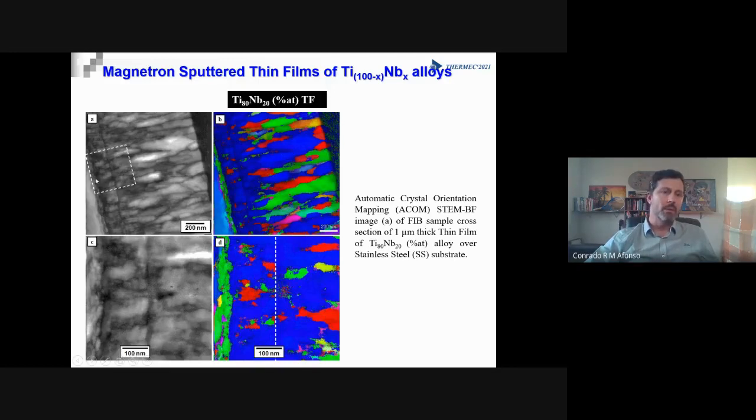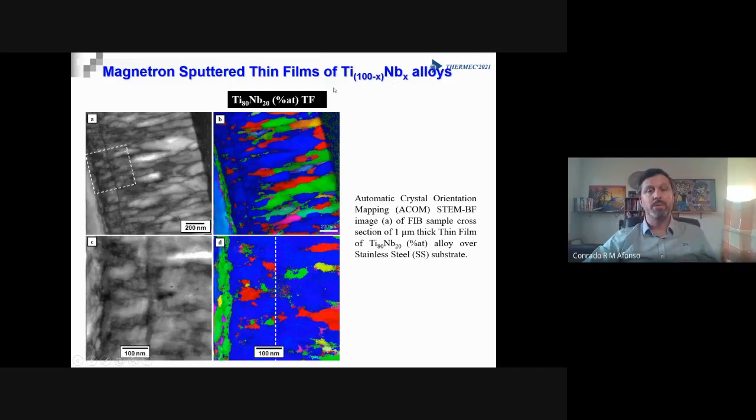And here in the tail, near the stainless steel substrate, we can see that we have a transition in the growth mode of the grains produced by magnetron sputtering. So here we have more almost equiaxed grains, and then we have a transition to more elongated grains in the later stages of the thin film growth.